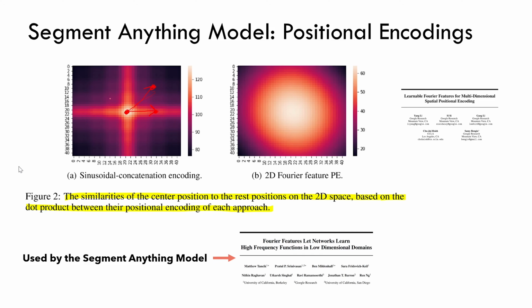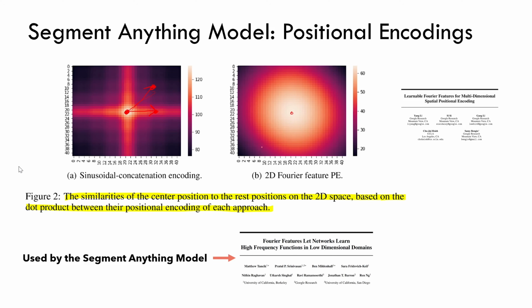Because we have a spatial representation, pixels that are close to each other should be very similar, and pixels that are far from each other should not be very similar. But this is not what happens in this heat map. What we want is something like this: if we have a point here, all the points in a radius of, let's say, 10 pixels are very similar.